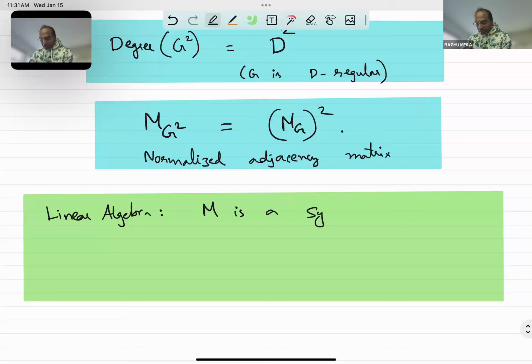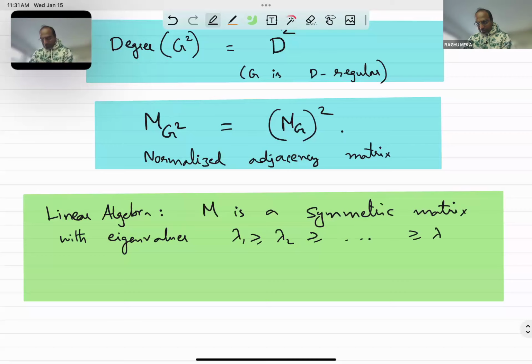M is a symmetric matrix with eigenvalues lambda 1, lambda 2, ..., lambda n.